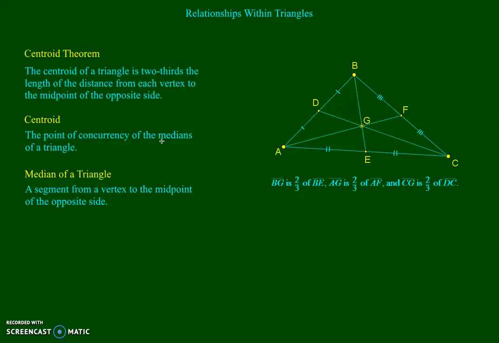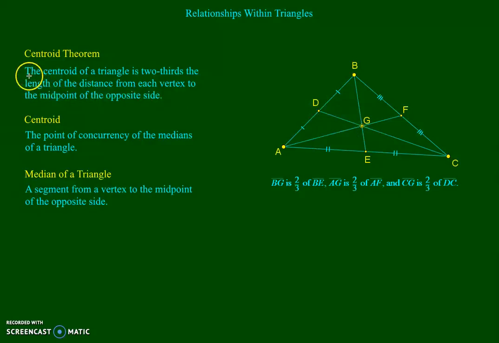It's interesting to see, and I can't demonstrate it here, but I will in class, that if you made a triangle out of cardboard, cut it out as cleanly as possible, and measure out the midpoints of each of the sides, if you're accurate enough to form the centroid, you can actually balance that cardboard triangle on that point. And it works out pretty good. It's a pretty interesting little experiment to try out.